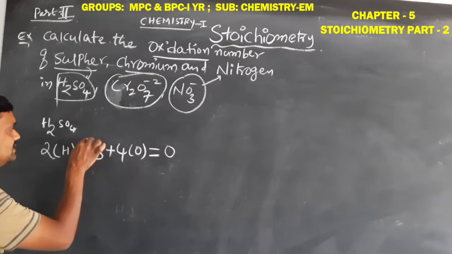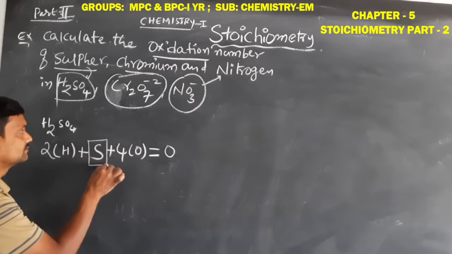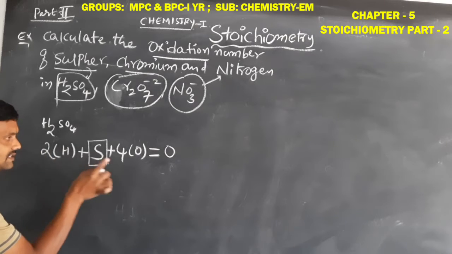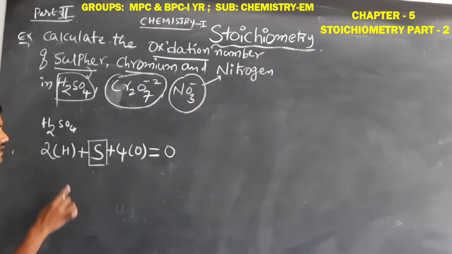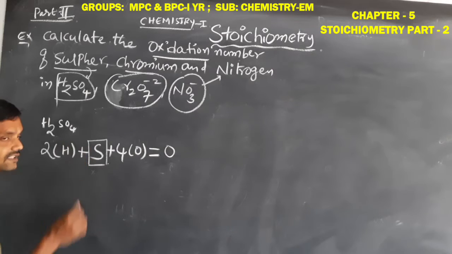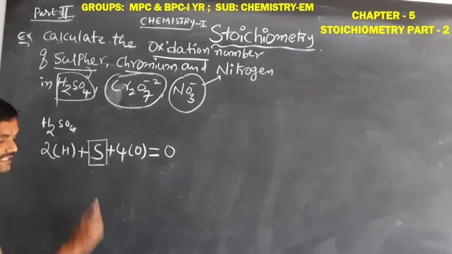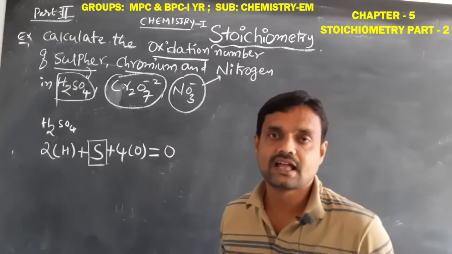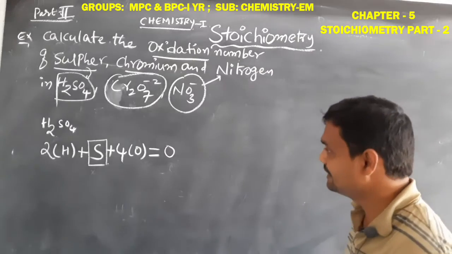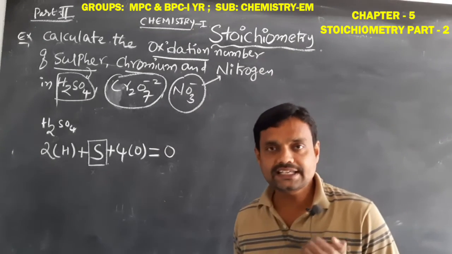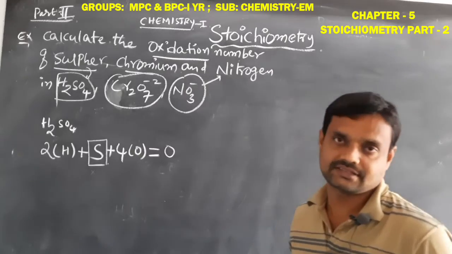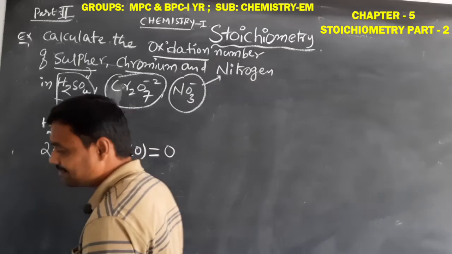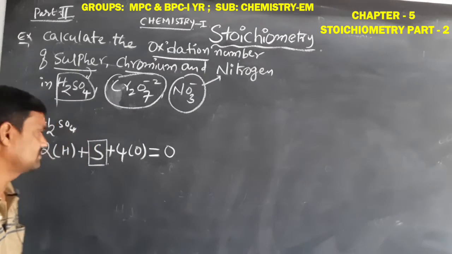Then we find the sulfur oxidation number. We substitute the hydrogen and oxygen oxidation numbers. In the previous class we learned that the hydrogen oxidation number is plus 1, and only in rare conditions is it minus 1.